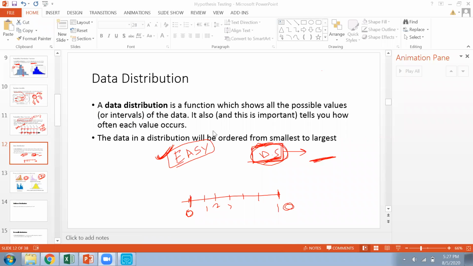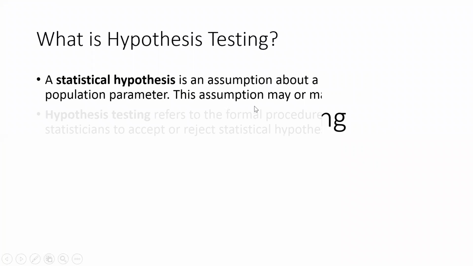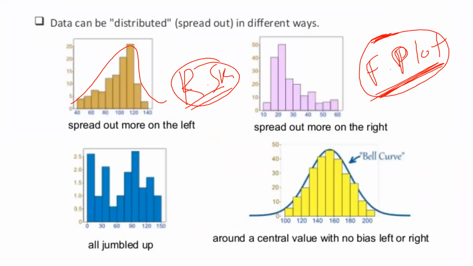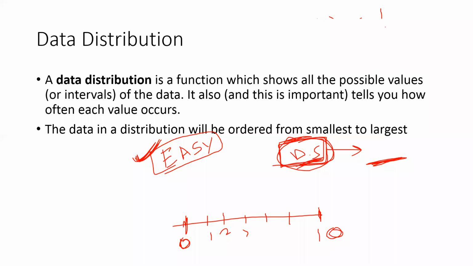Are you able to understand the question that I'm asking? If I design a test, and the marks that you will be getting will be from 0 to 10, obviously most of the people will get marks more than 5.